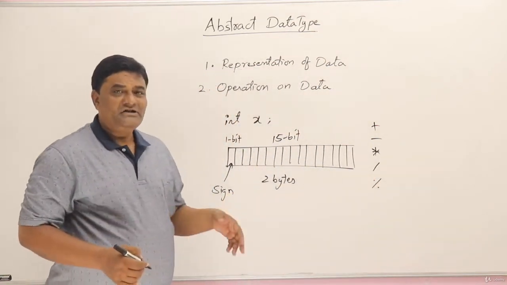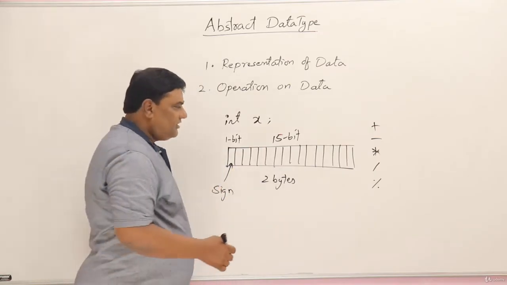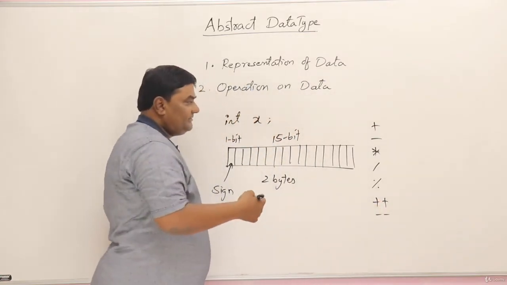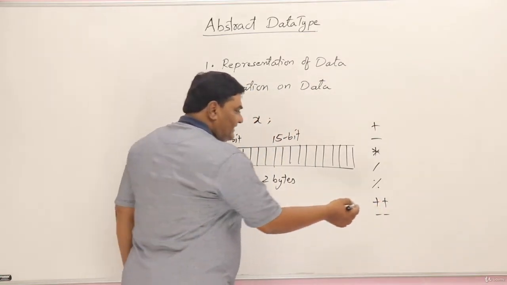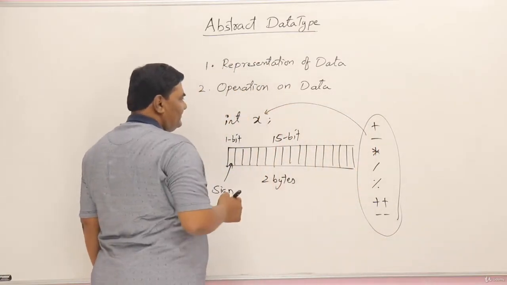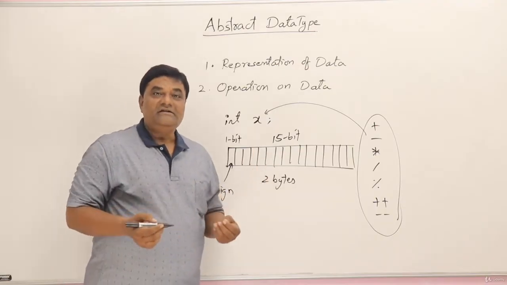Apart from this, relational operations, that is less than, greater than, and increment and decrement operators are allowed, that is plus plus or minus minus, both pre-increment and post-increment. So these are some of the set of operations that are allowed on integer data. That's all. This is a data type.